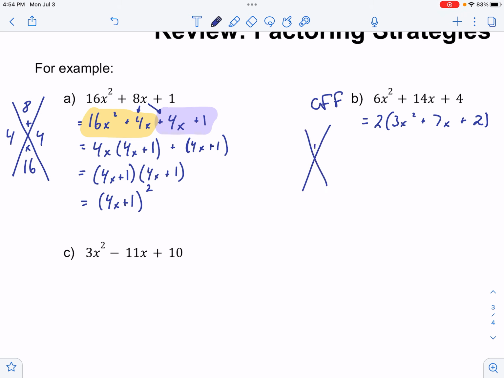Now I'm looking for two numbers that are going to add to 7 and multiply to 6. Once again, I got 6 by saying, well, my bottom number here needs to be this guy, the 3, times the 2. The two numbers that add to 7 and multiply to 6 are 6 and 1.